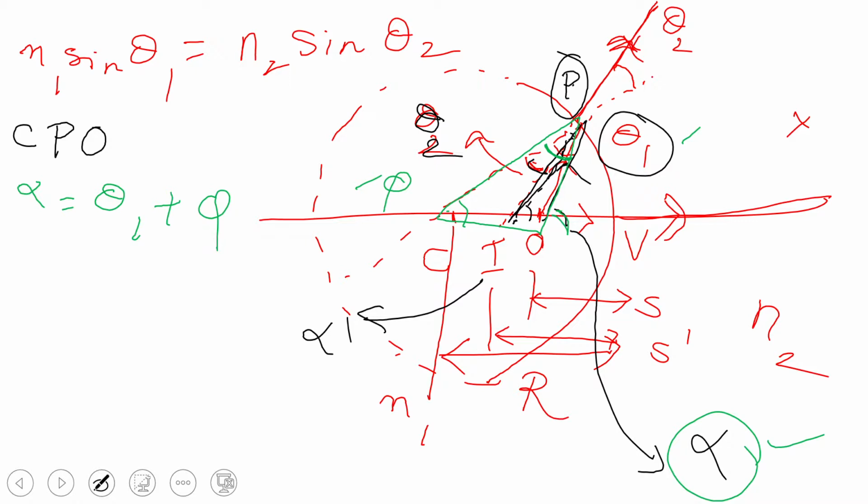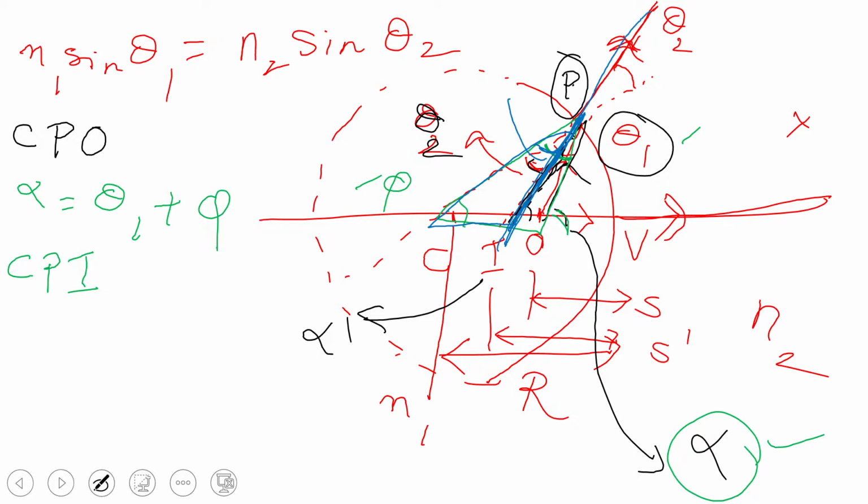And similarly, if I consider the triangle CPI, this is along this axis, same as this refracted ray.